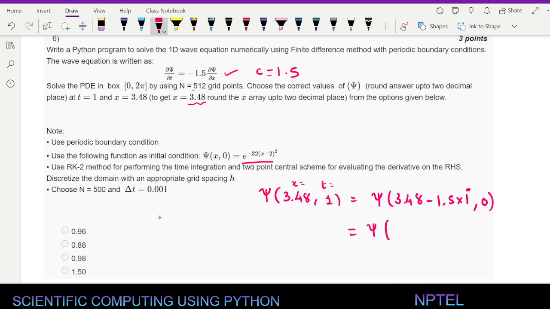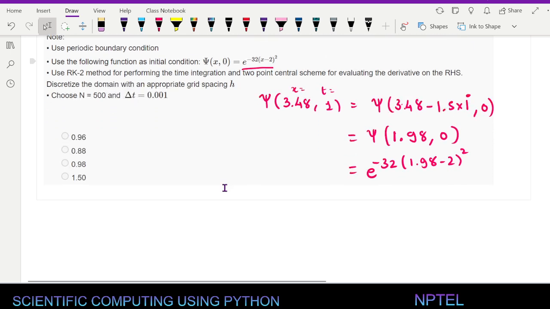So this will be psi of 3.48 minus 1.5, which will be 1.98. 3.5 minus 1.5 is 2, and then we take out 0.02 here, which will be exponential minus 32 times, instead of x, we have 1.98 minus 2 squared. Okay, so e to the power minus 32 times 0.02 squared.